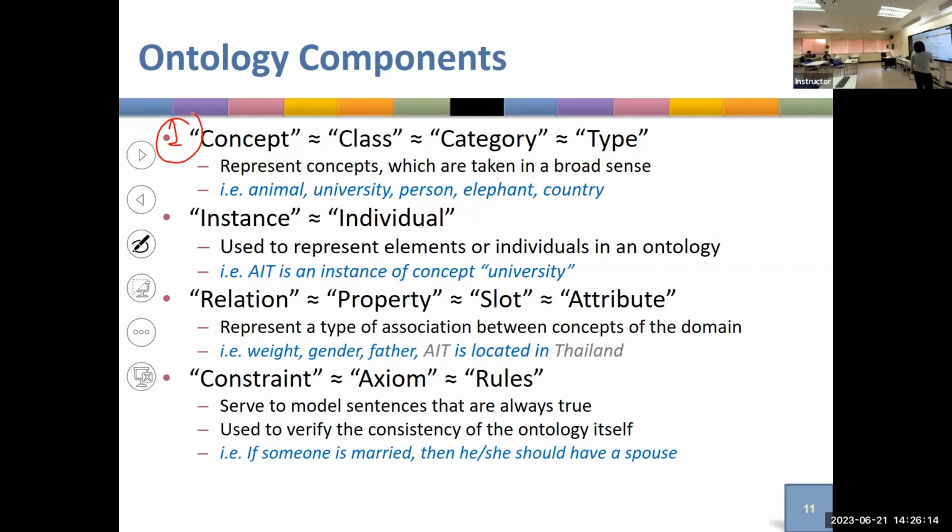We want to represent concepts in a broad sense, such as animal, university, person, and so on. Think back to your RDF schema that you modeled. You define classes, many classes, right? You define subclasses. These are the first components.